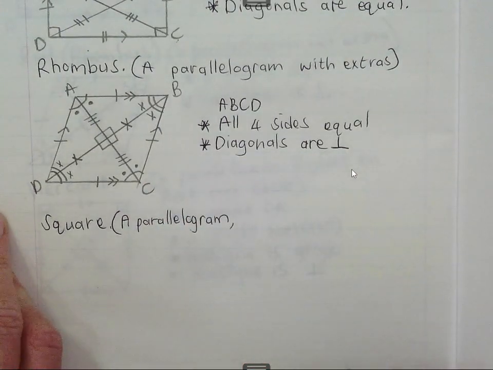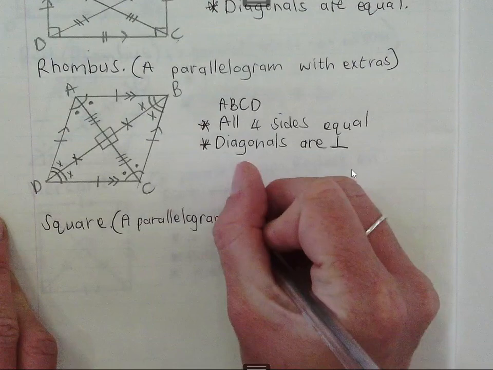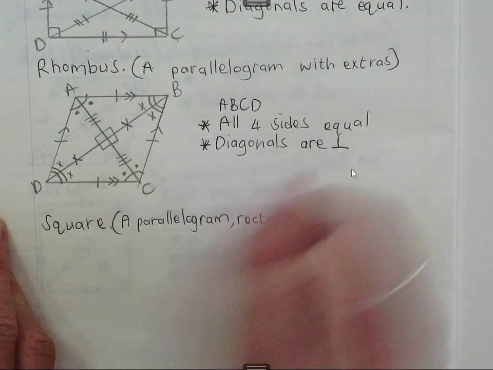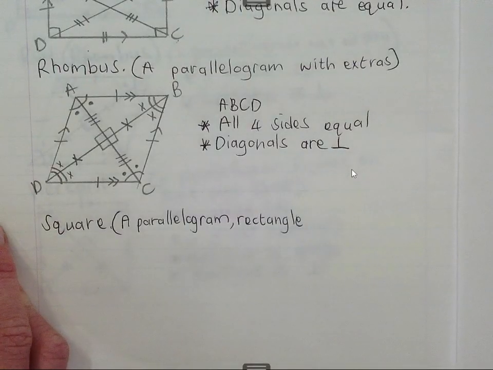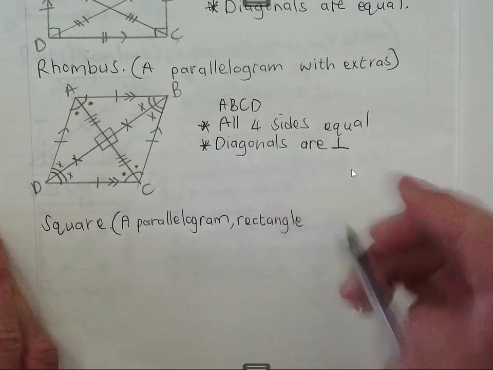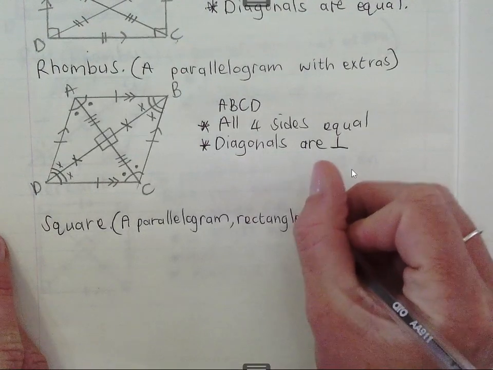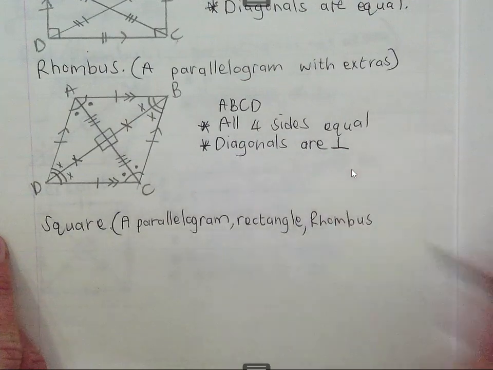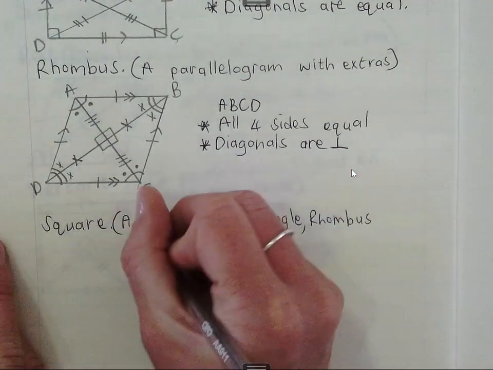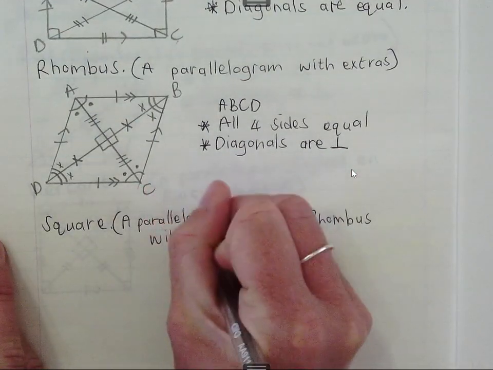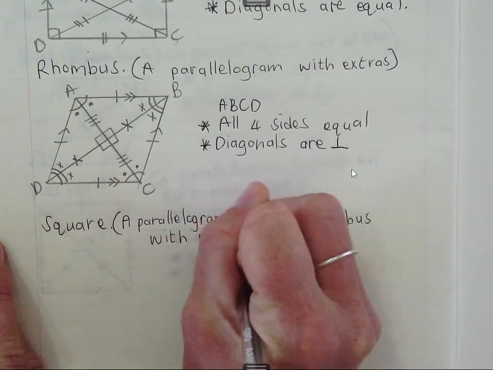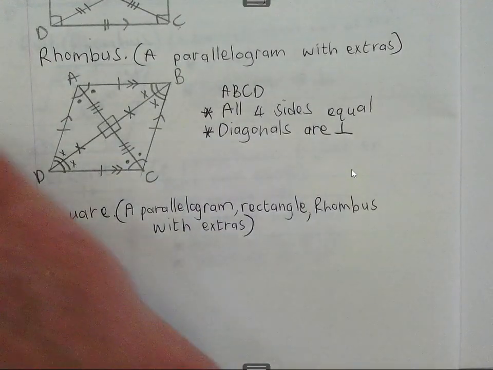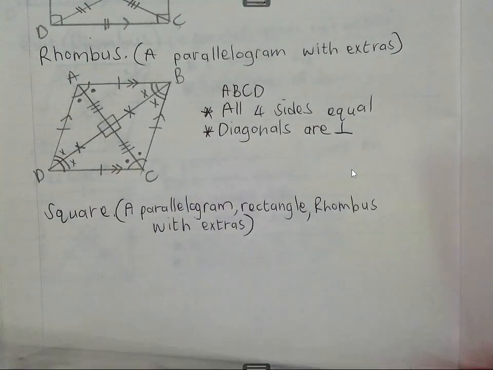But a square is also a rectangle. It's got exactly the properties of a rectangle. And a square is also a rhombus. And then it's got some extras. It's actually got a combination. So we are going to draw the square.